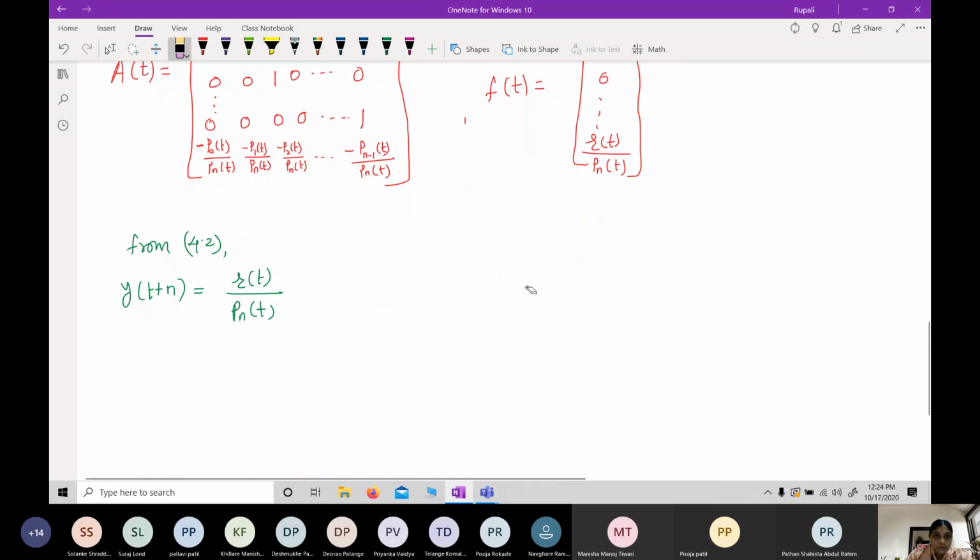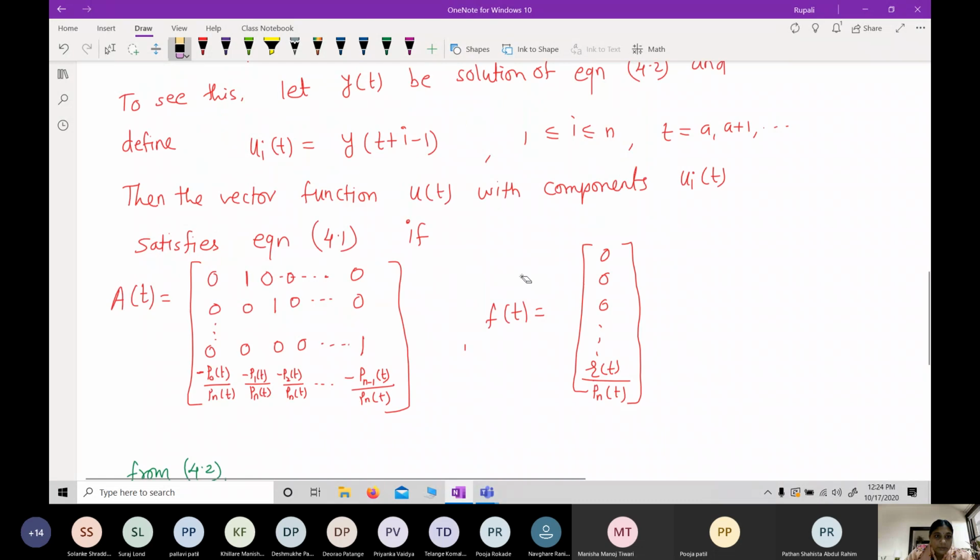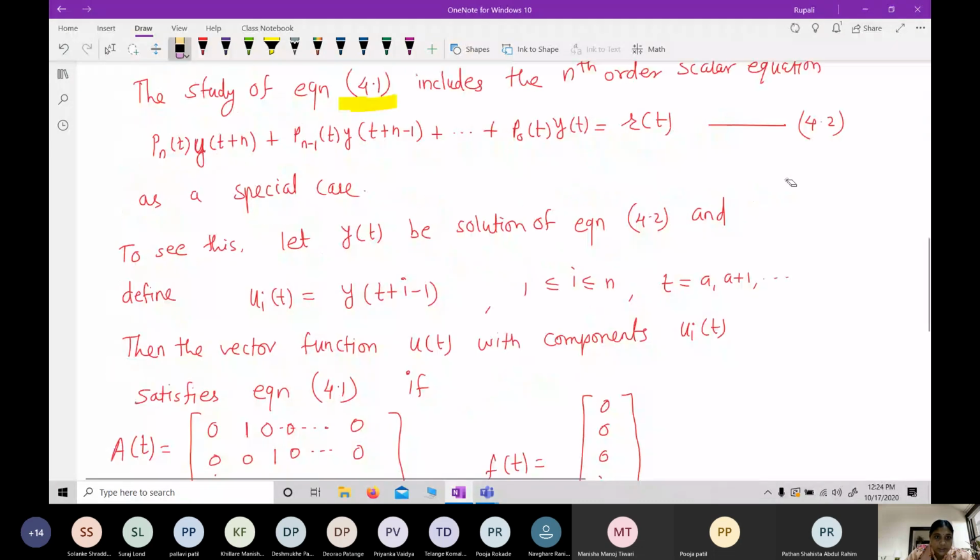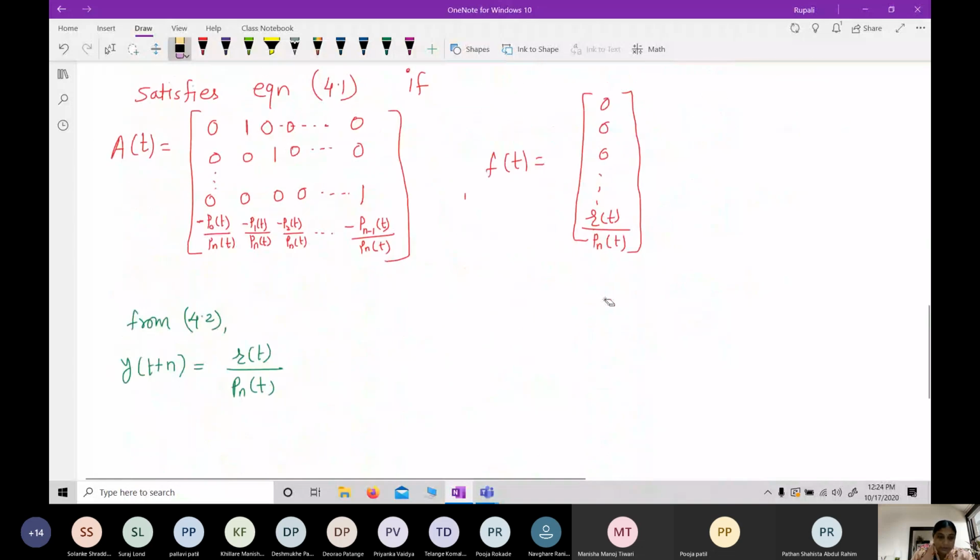You can see here, divide by pnt on both sides and then take these values to that side. So how I can write?